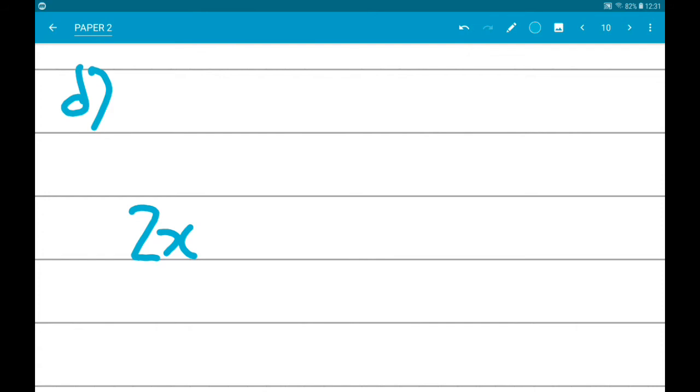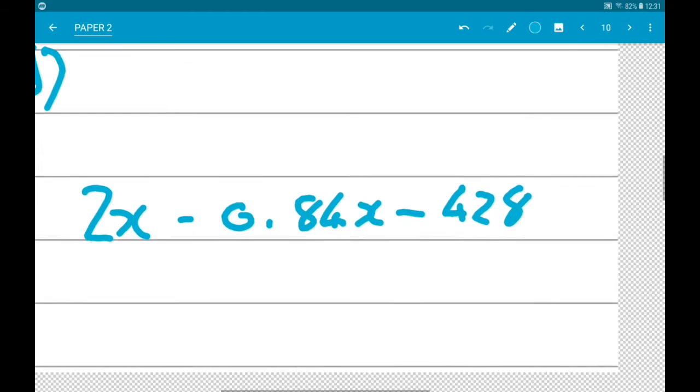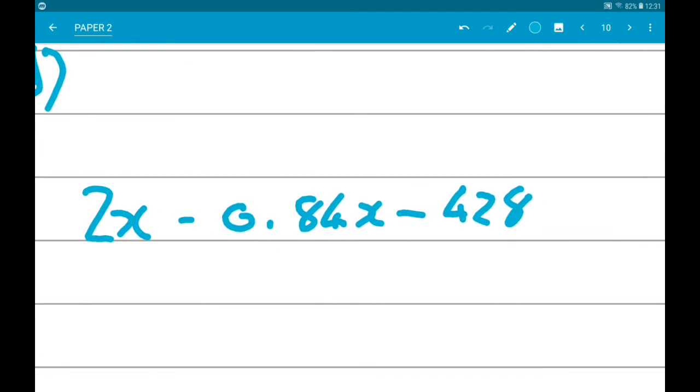So, profit is money made minus the cost. So, 2x minus 0.84x minus 428 must be greater than 0.